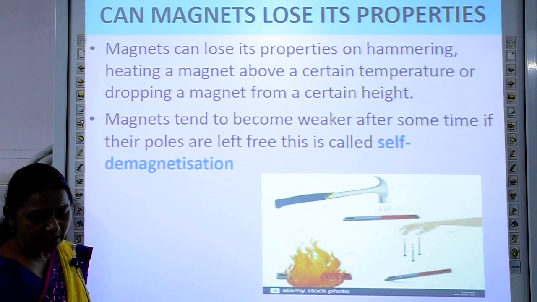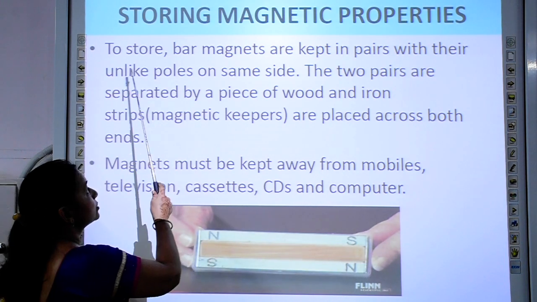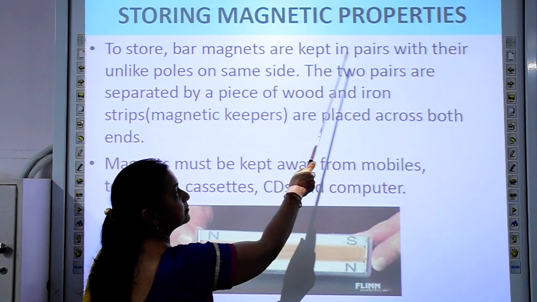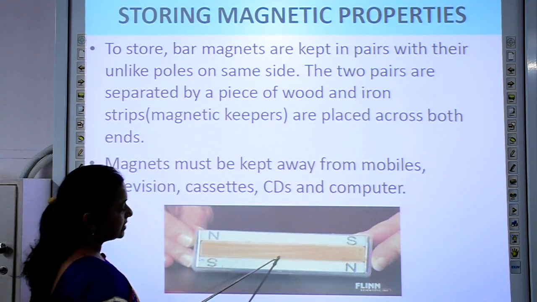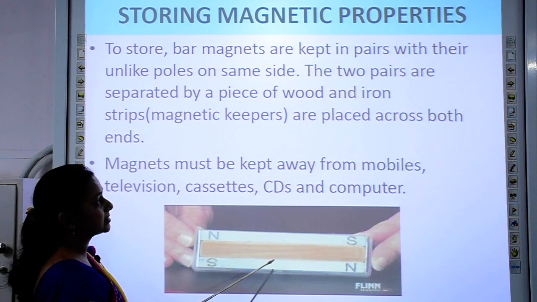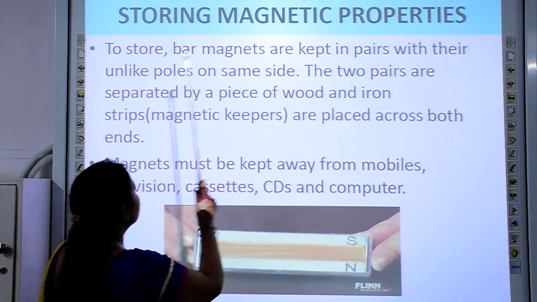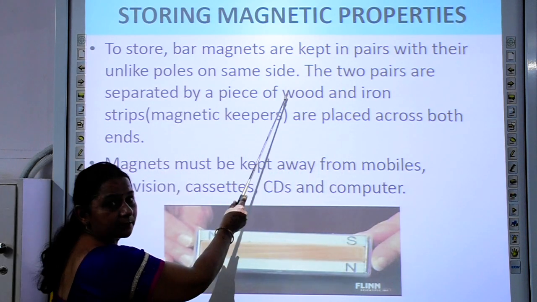Now, how to store magnets? To store bar magnets, they are kept in pairs. You can see in the picture, this is one bar magnet and this is the other bar magnet. They are kept in pairs with their unlike poles on the same side.